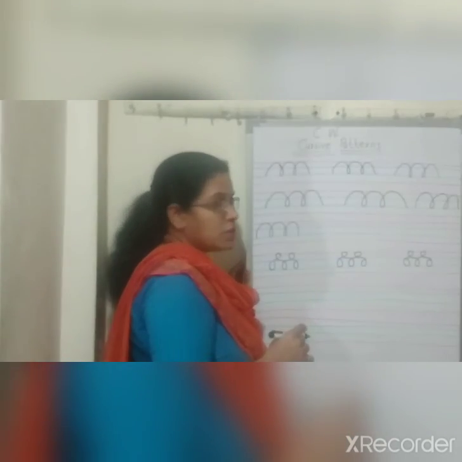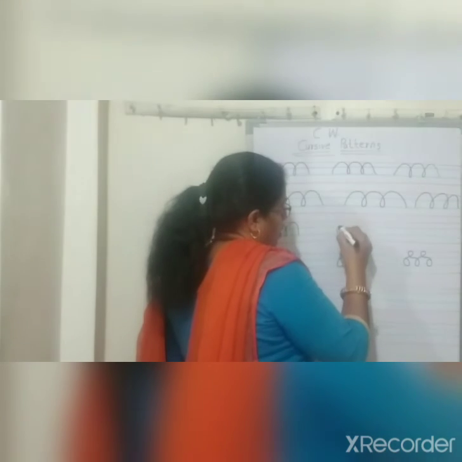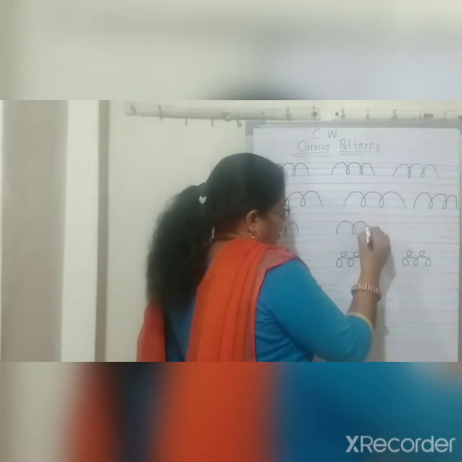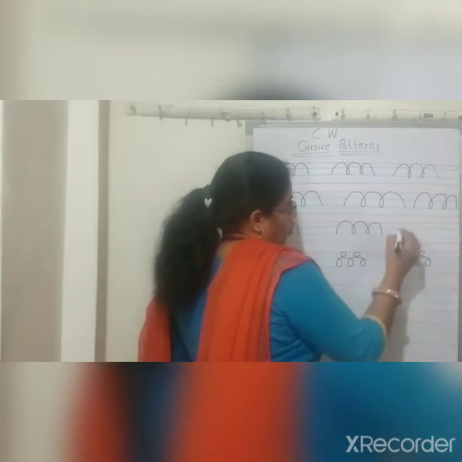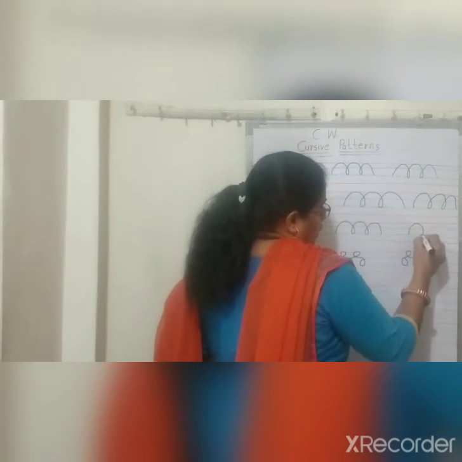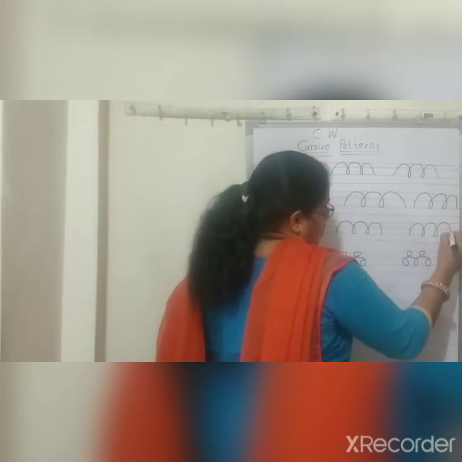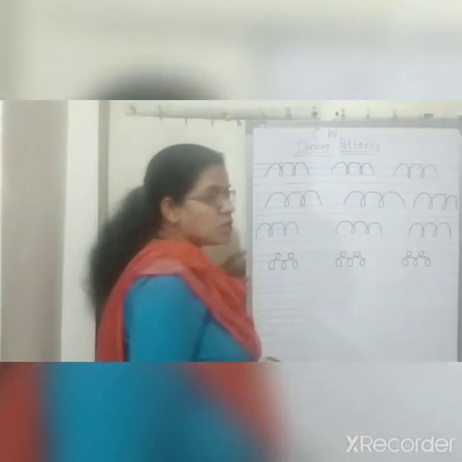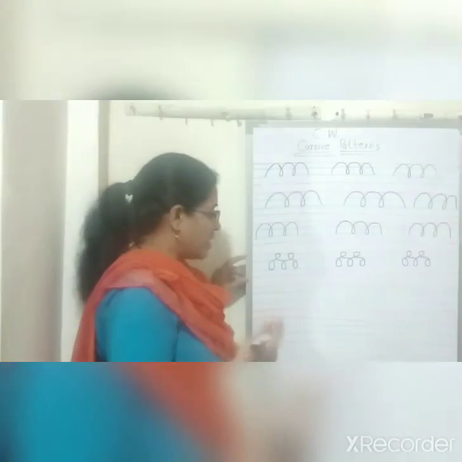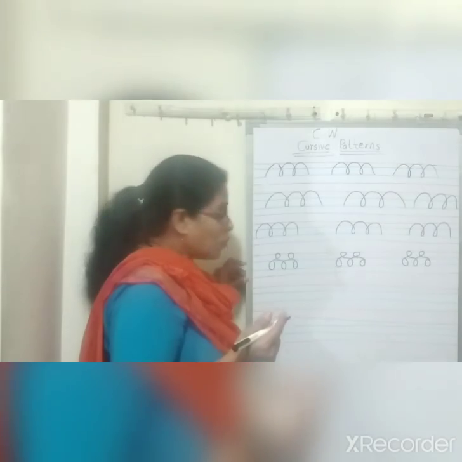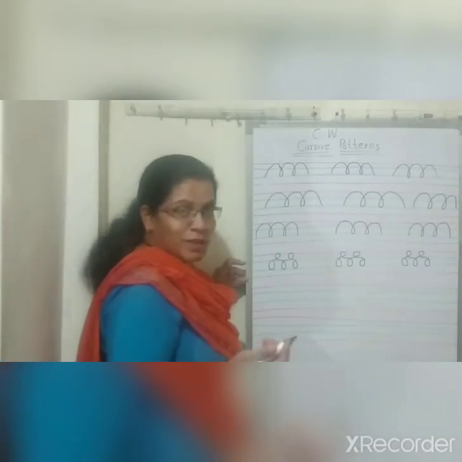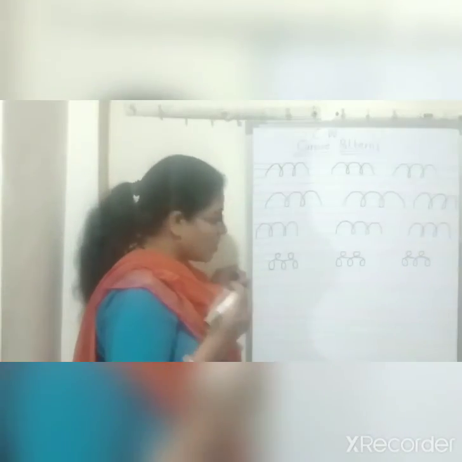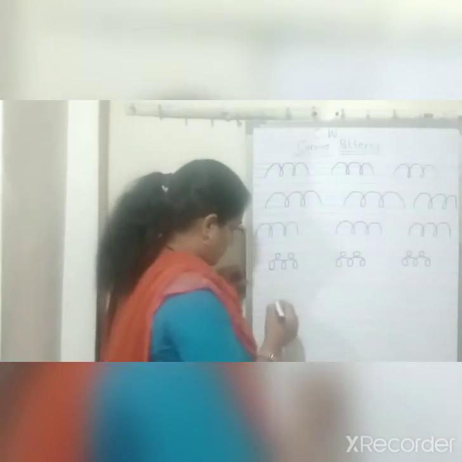Make these patterns very carefully, neatly and cleanly in your textbook. Now this one is quite difficult for you, but it is very joyful and a very cute looking pattern.